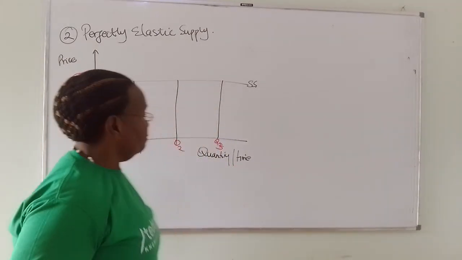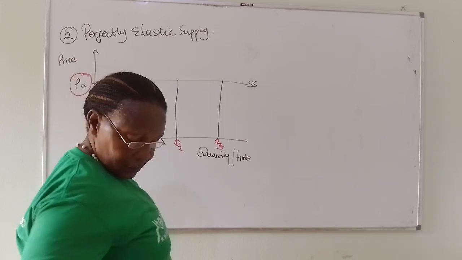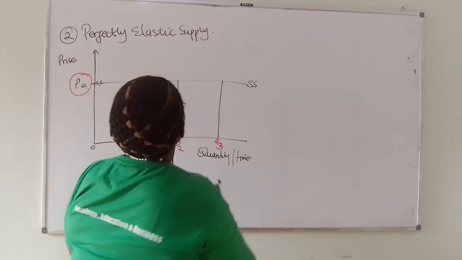Then we have supply being perfectly elastic. So here, the definition is missing.